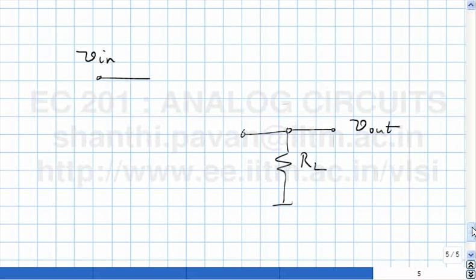What will I do if I were in a lab and I wanted to make this potential equal to this potential? I will compare these two. If V out is too small compared to V in, I will try and push up the potential of this node. And how will I push up the potential of that node? I will pump a current into this node.